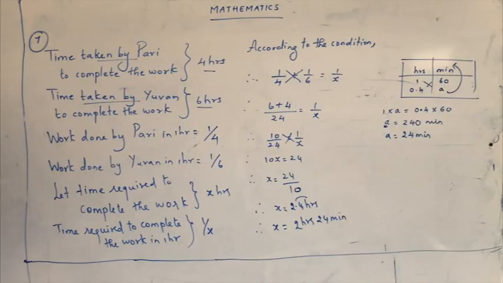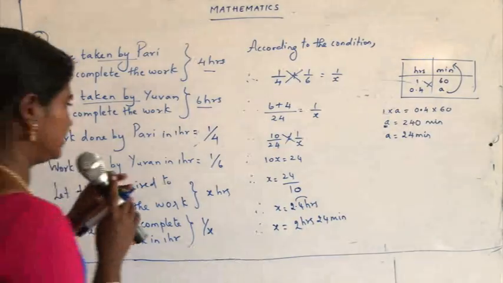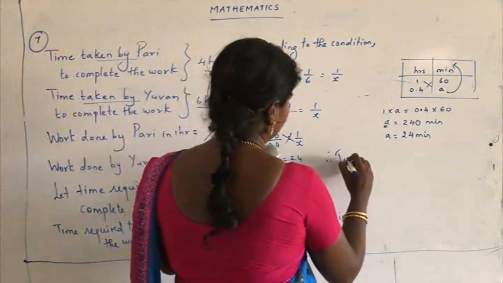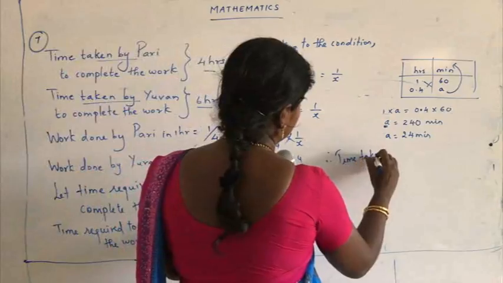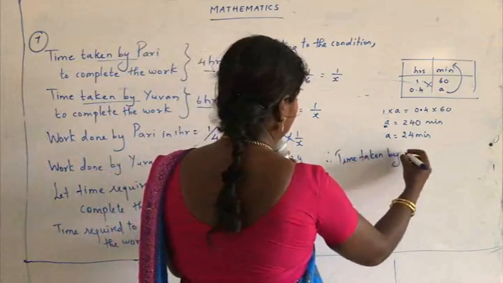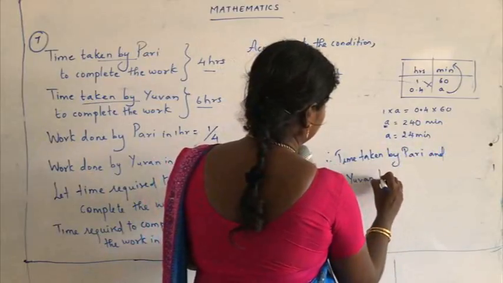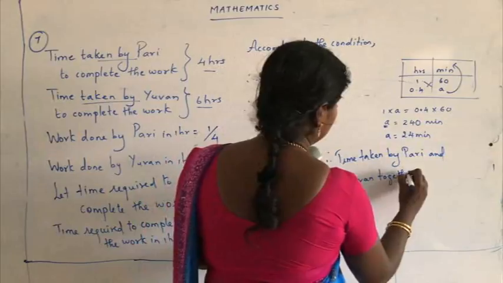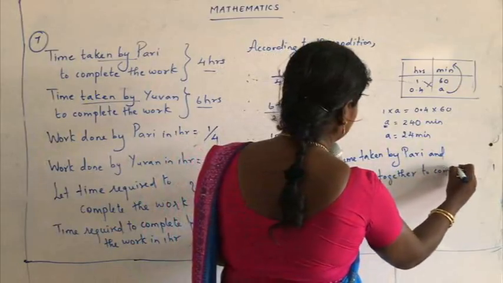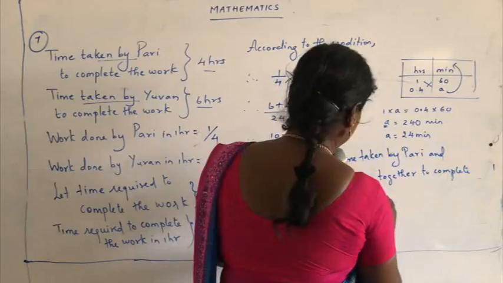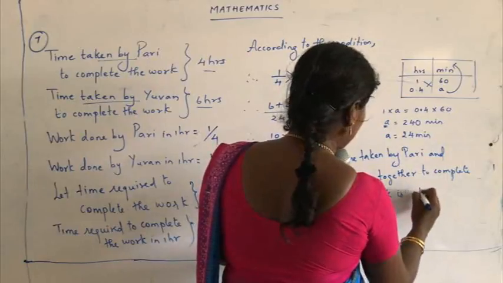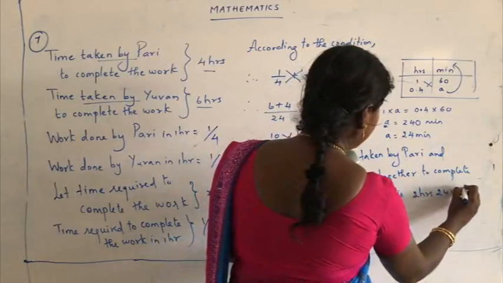Therefore, time taken by Pari and Yuvan together to complete the work is 2 hours 24 minutes.